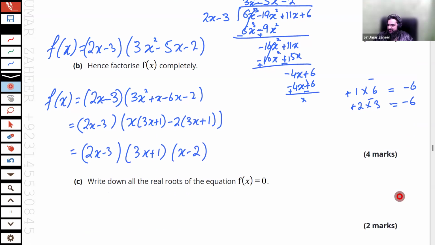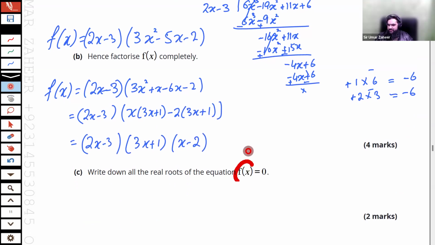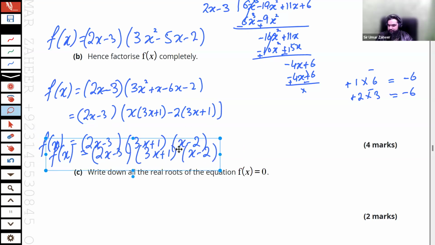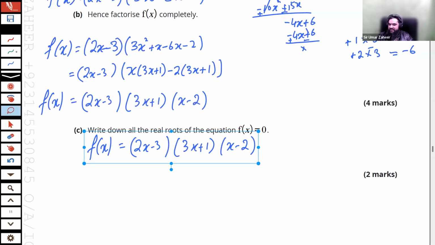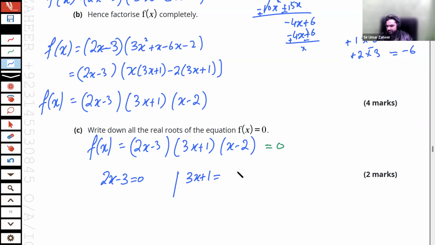Next, we have part C. He says to write down all the real roots of the equation f of x equals 0. This is f of x, and he says that this is equal to 0. Always remember, if the product of two or more terms is equal to 0, then maybe the first factor will be 0, or maybe the second factor will be 0, or maybe the third factor will be 0.